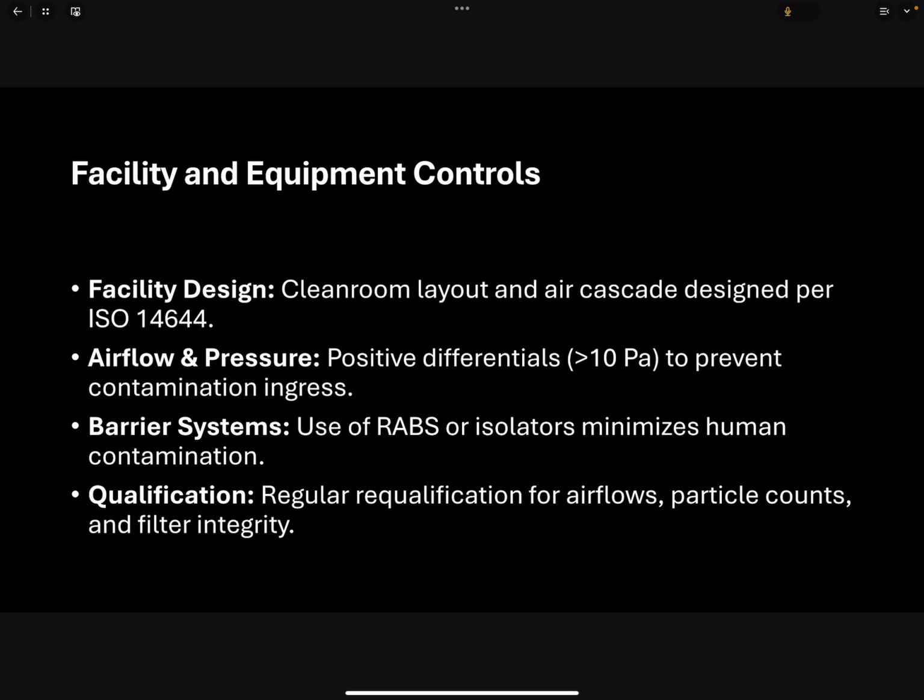Barrier systems like RABS or isolators are used to minimize direct human contact, and regular qualification tests like airflow visualization and filter integrity checks help ensure everything stays under control. In CCS, good design equals good protection.